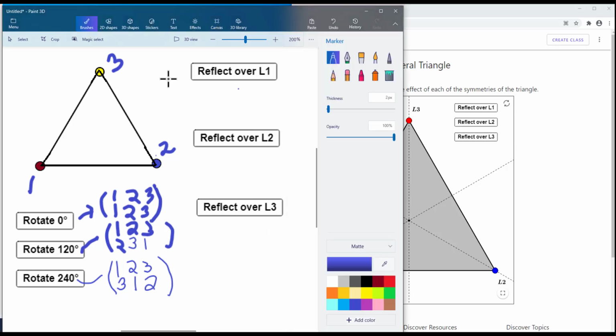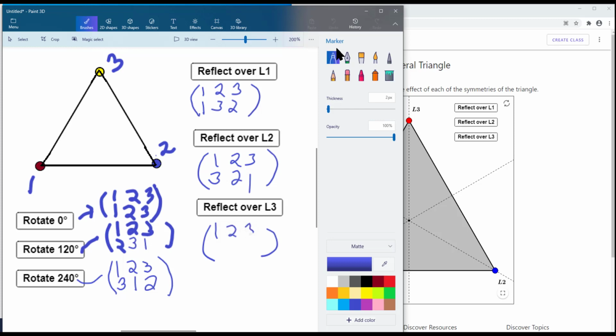So for the reflection over L1, what we saw was that if I have 1, 2, 3, 1 stayed fixed and these interchanged places. Over L2, 2 stayed fixed and these switched. And here we have 3 fixed and these 2 interchanged places.